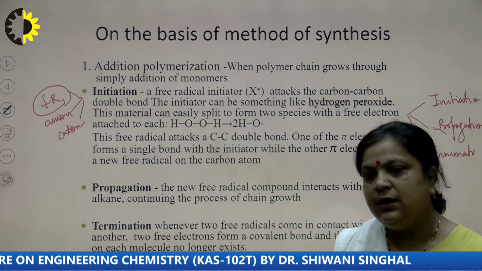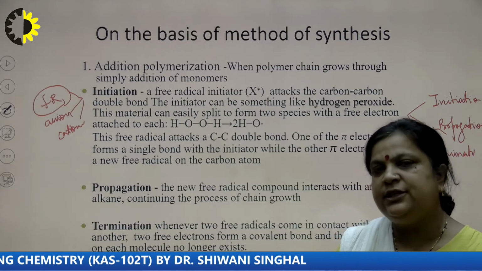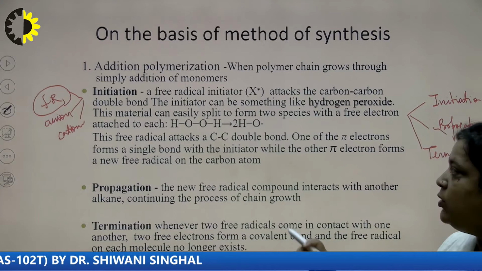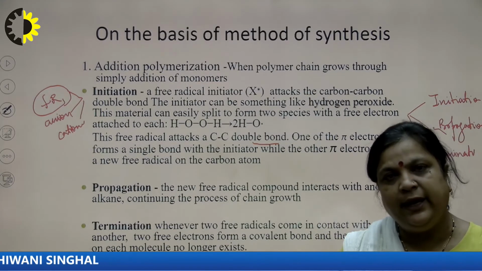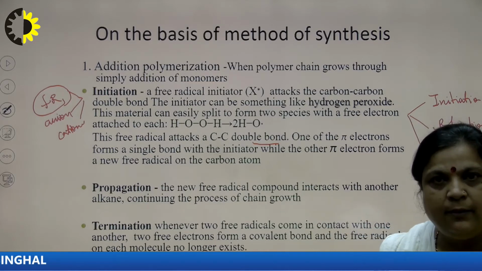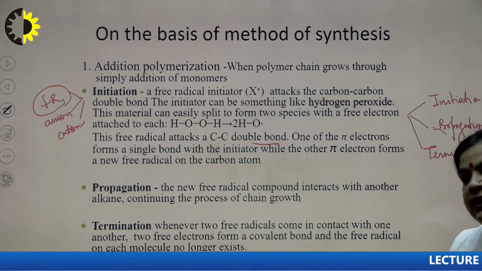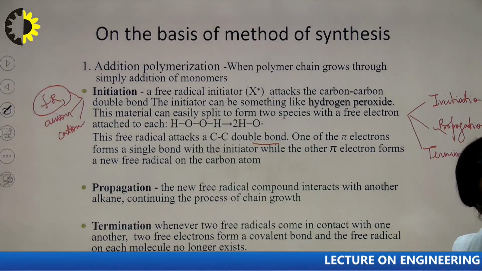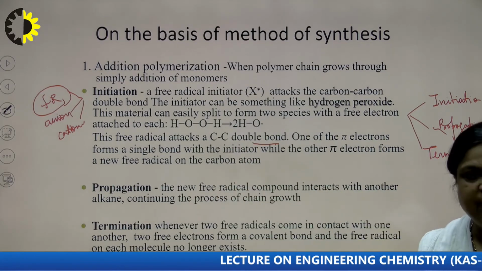So, the first step is initiation. Initiation means first the initiator gets formed, and then this initiator attacks one monomer, at the double bond site, and then the monomer becomes ready in the form of a radical. The second step is propagation. Propagation involves the monomer free radical. It may be a monomer cation or anion, depending on which type of initiator we used.